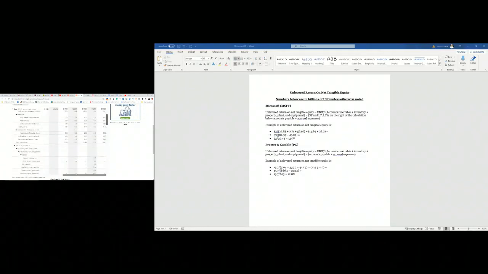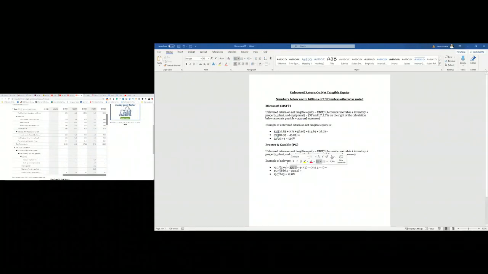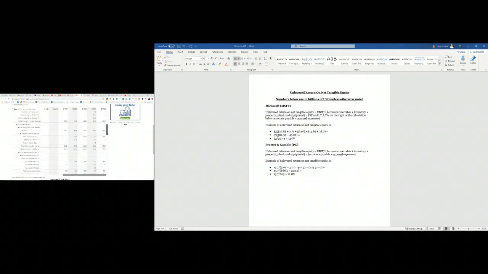Inventory. Got me off track there. 5.71. PP&E. Gross. There it is, 20.88.